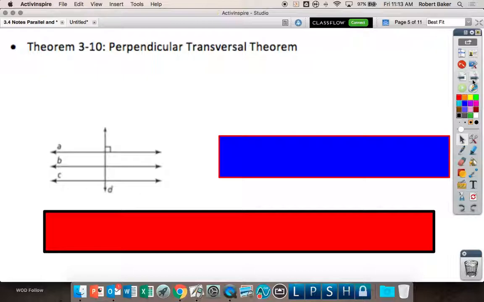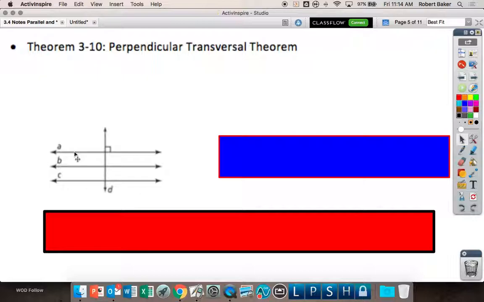So what do you think this one says? If the transversal is perpendicular to all the lines, if the transversal is perpendicular, then all the angles are 90 degrees. So there's one part missing here.